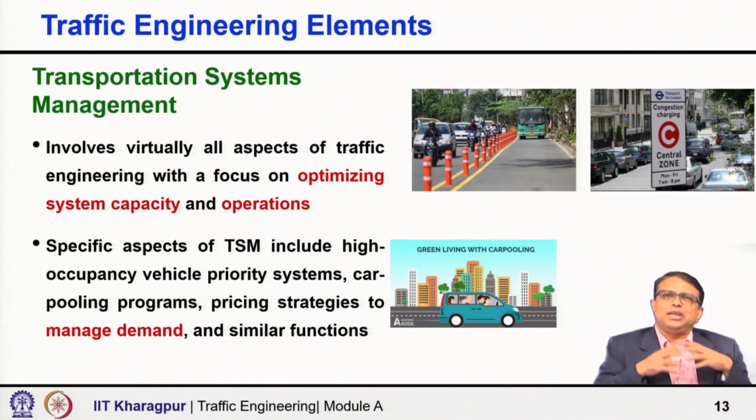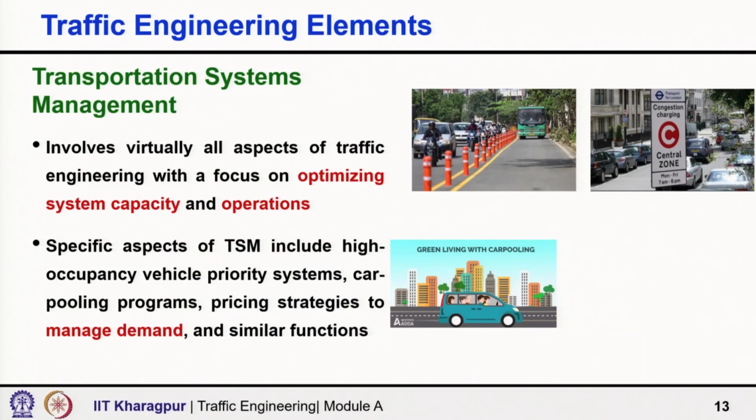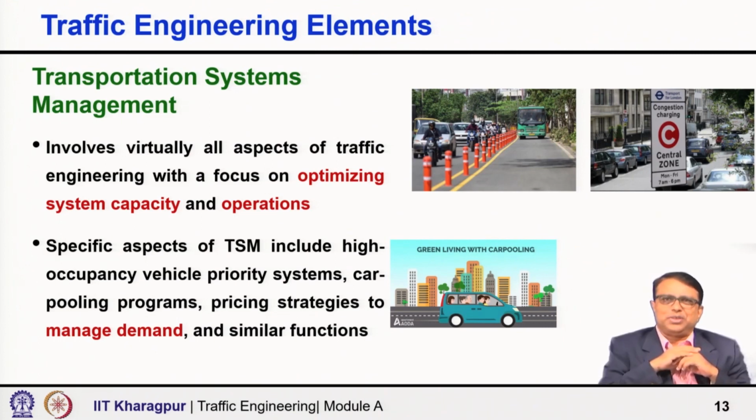What all can I do, keeping the primary objective as movement of people and goods, not movement of vehicles? So what measures can be done to optimize the system capacity and operations, or to maximize the use of the existing capacity, all come under this. Various examples are there.